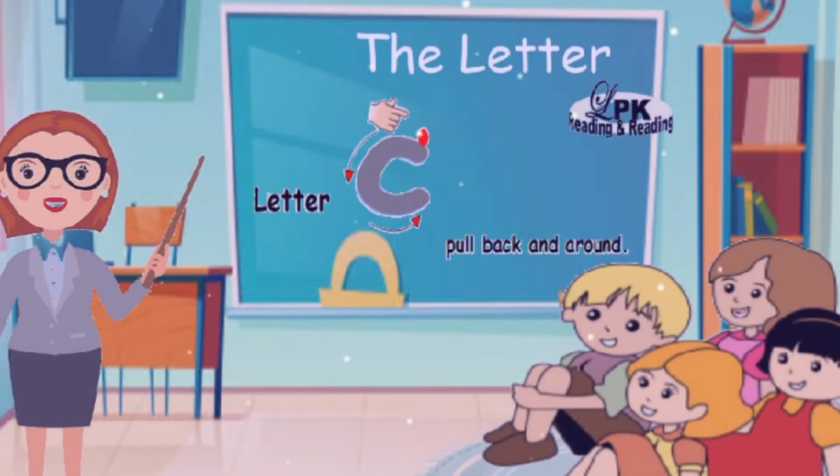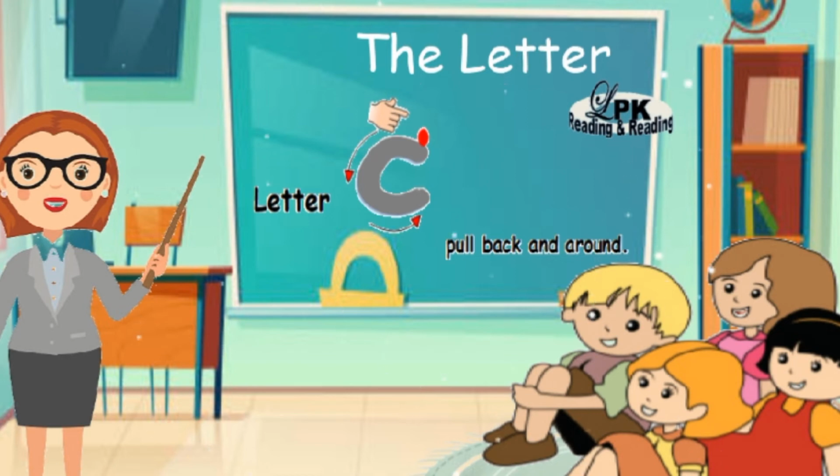Now, what's this letter again? C. That's correct. The short sound of C is K. Look at the picture, listen, then write the letter C. You pull back and around. Slowly, you pull back and around.